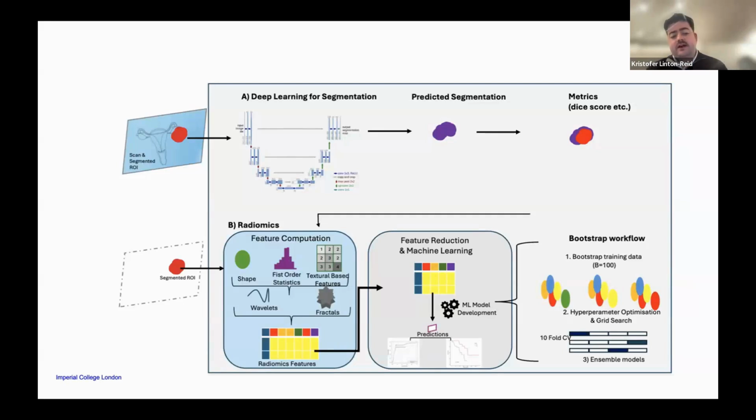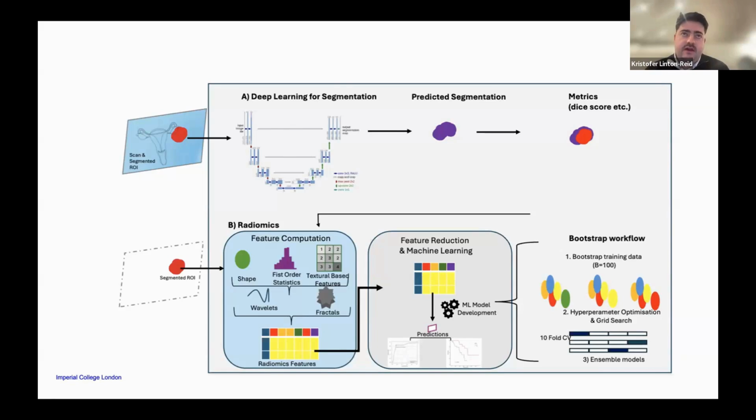Then once we have these ROIs, we can then start to look to extracting some features from them, what we call radiomics. Essentially, that covers a number of classical mathematical features. So you can look at your first order statistics. These are things like your mean, median, variance of the pixel intensities within the ROI. And we can also start to take out shape features.